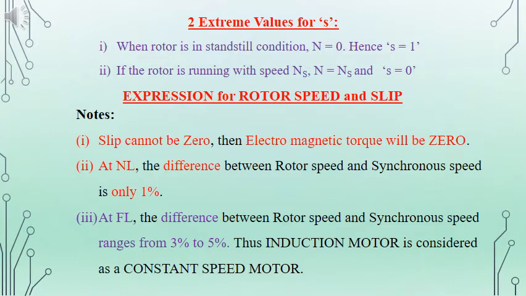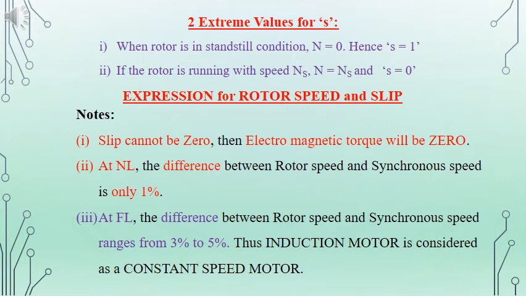So we have two conditions for slip S. When N is equal to 0, that is, when the rotor is at standstill condition, the starting condition of the induction motor, S will be equal to 1, and if it attains a speed of Ns, then slip will be equal to 0.